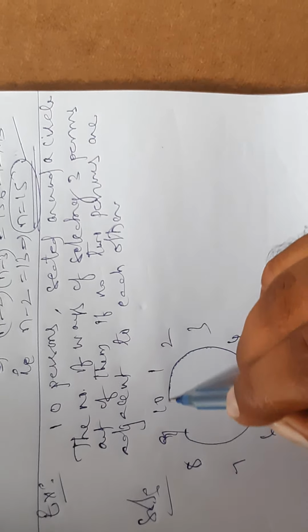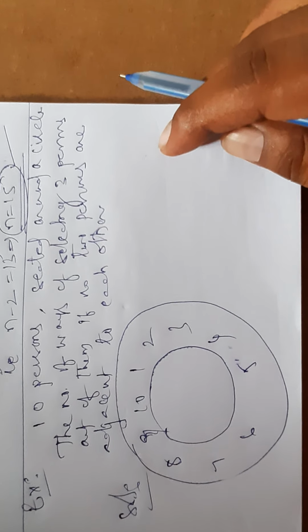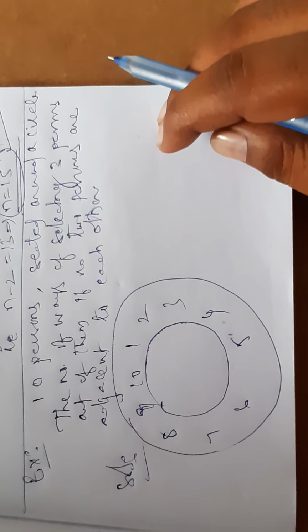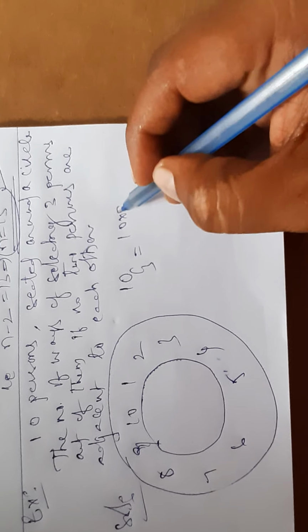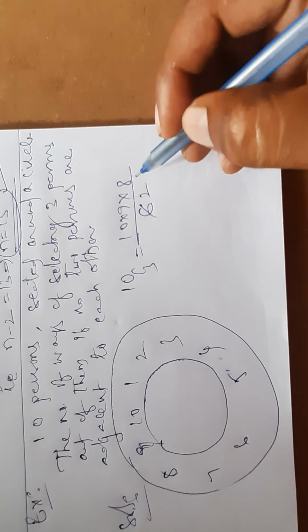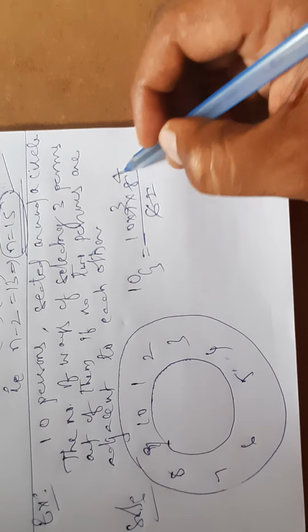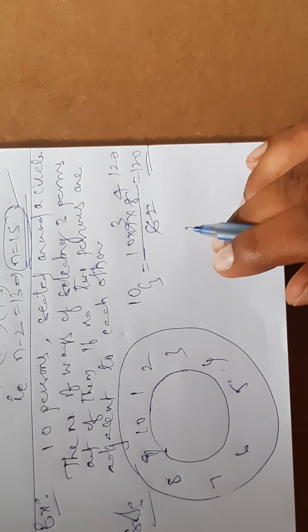They are sitting around a table like this. So out of these 10, how many do I have to select? 3 persons. So 10C3 ways I can select. 10C3 means 10 into 9 into 8 by 3 factorial, which is 6. So 3 2 times, 3 3 times, which equals 120 I can get. 120 ways.